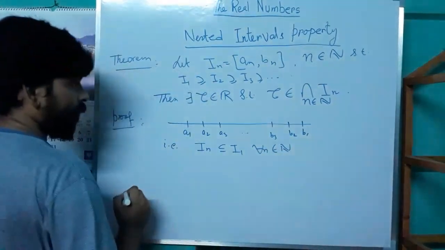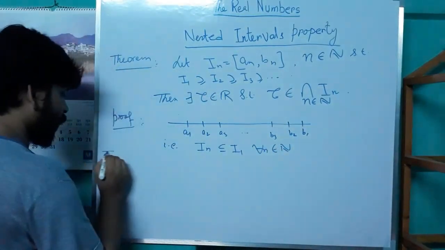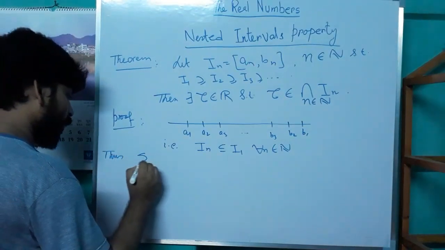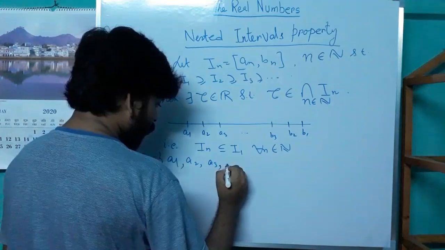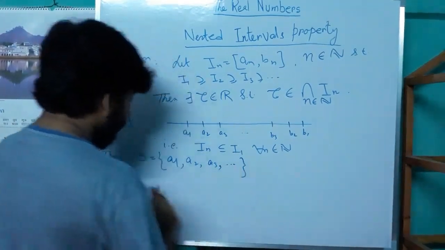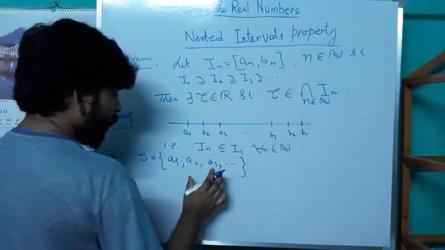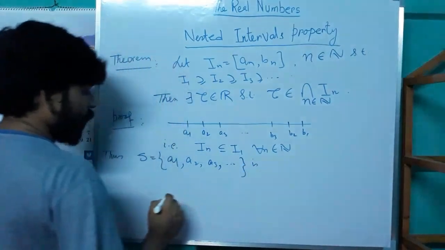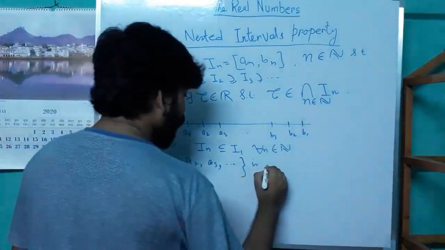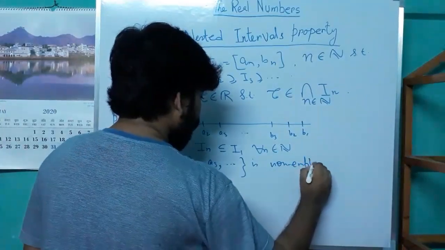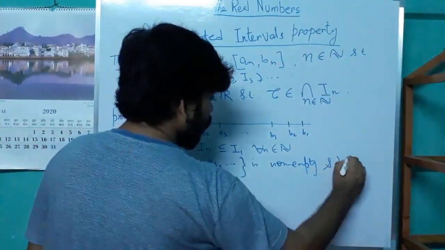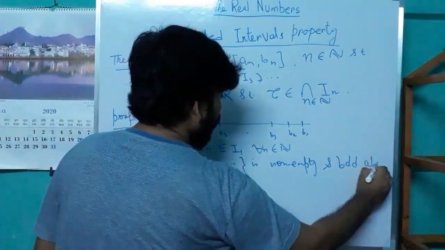Thus the set S = {A1, A2, A3, ...} is non-empty and bounded above.